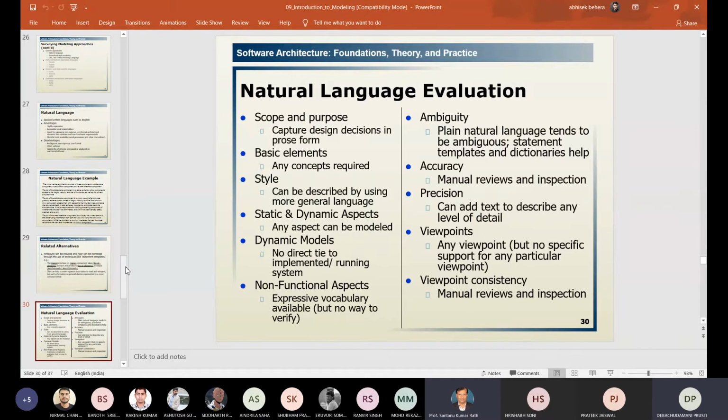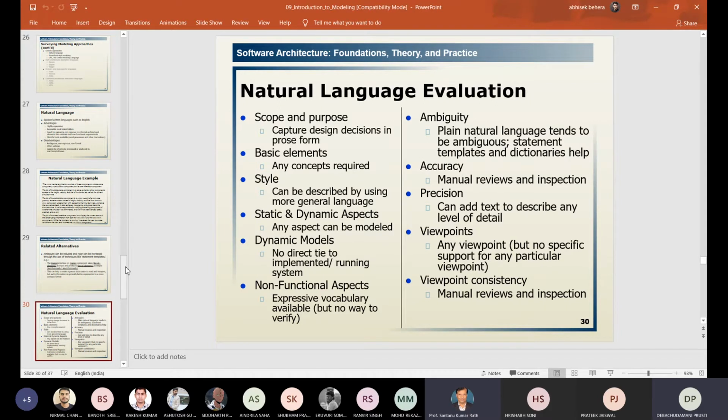Statement templates and dictionaries help. Then accuracy: manual reviews and inspection. Then precision: we can add text to describe any level of detail. Then viewpoints: any viewpoints we can consider, but no specific support for any particular viewpoint. Then viewpoint consistency: manual reviews and some inspection.